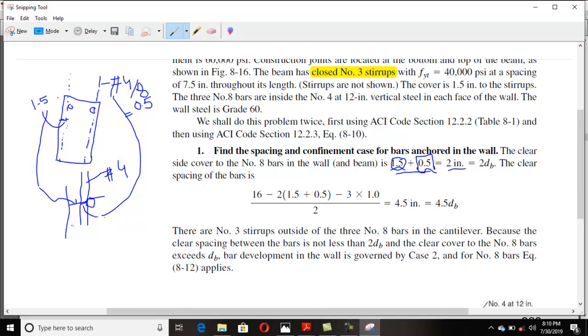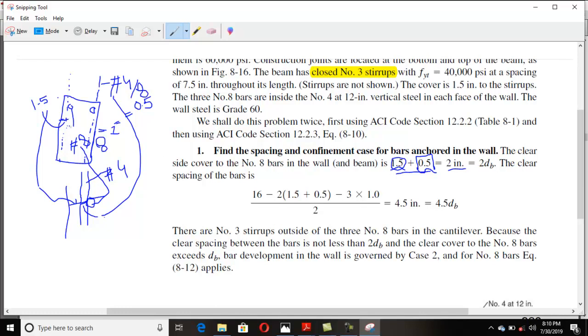The diameter of this bar is number 8 bar. Clear? Number 8 bar diameter divided by 8 gives you 1 inch. So the number 8 bar diameter is 1 inch. Therefore this 2 means 2 times the diameter of the bar.